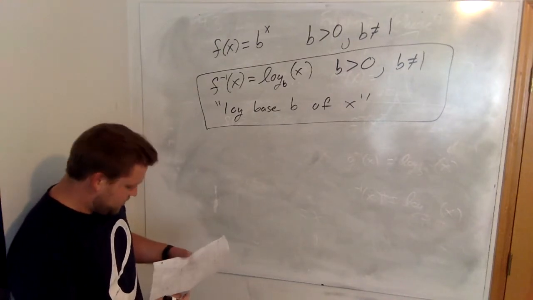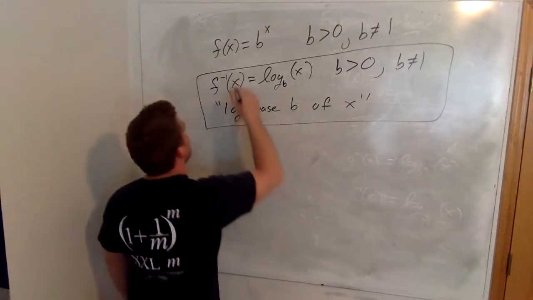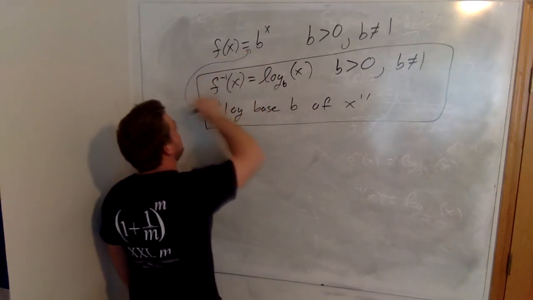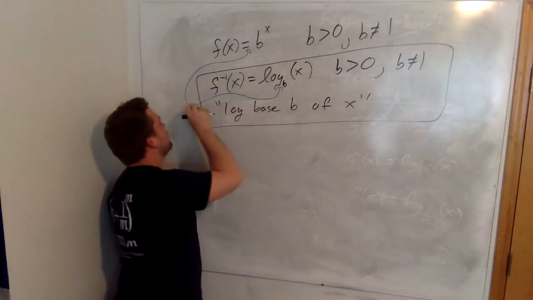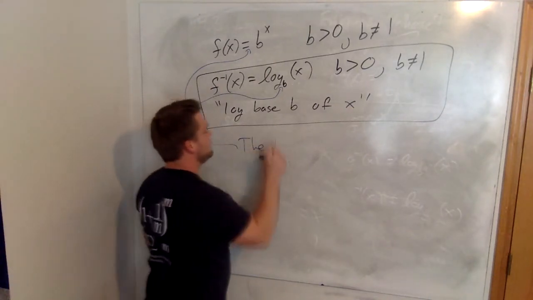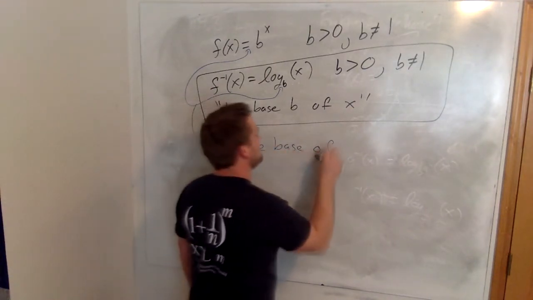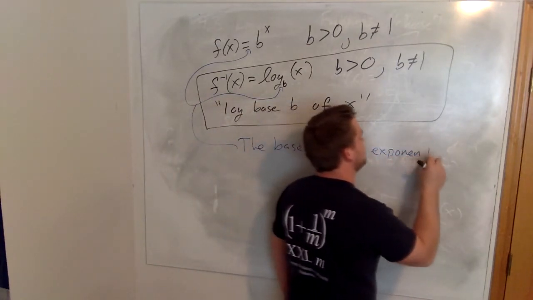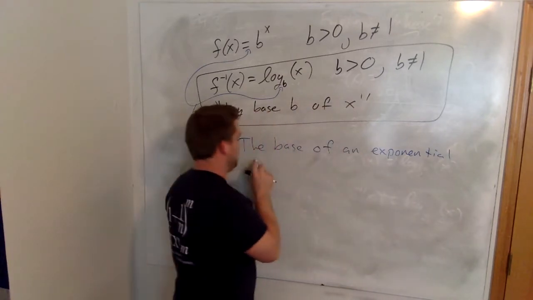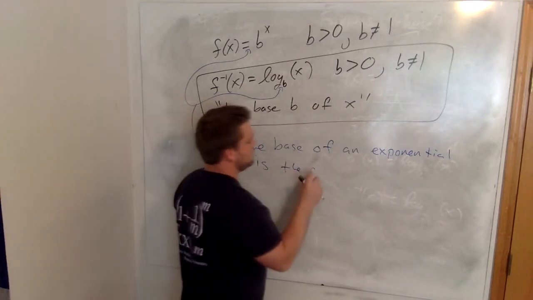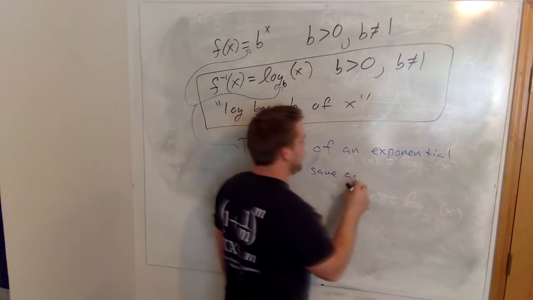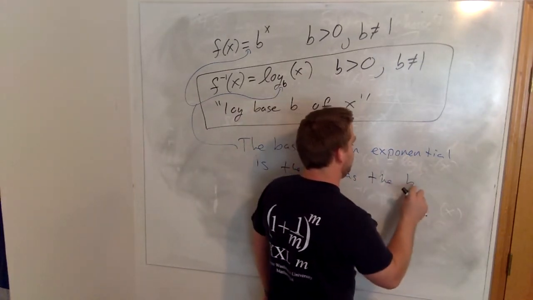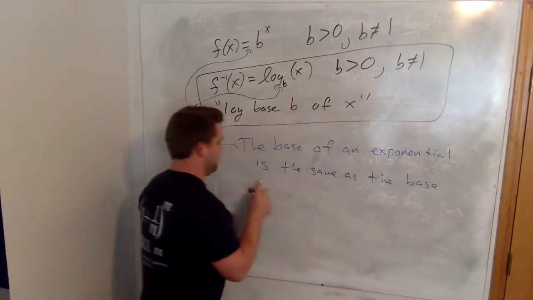A good thing to note here, and we'll talk about this in a second, is that when we're talking about exponentials and logarithms, the base of an exponential is the same as the base of the logarithm.